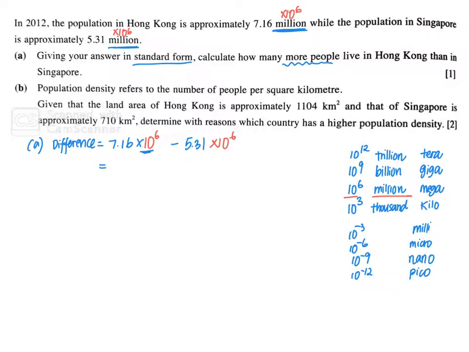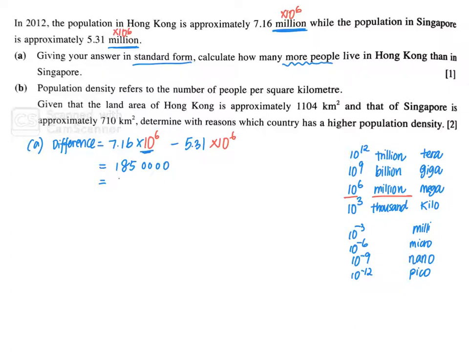Using the normal mode, it gives me the answer 185.8. Okay, so I will have to express this in standard form. Those of you who are familiar with using the scientific mode in your calculator can convert this answer to the standard form directly. So then I will need this number to be bigger than 1 but smaller than 10.